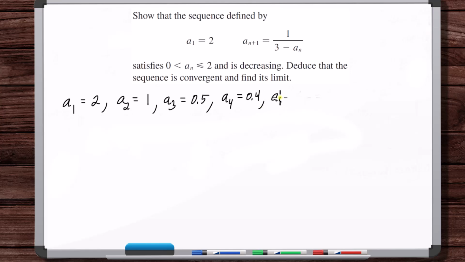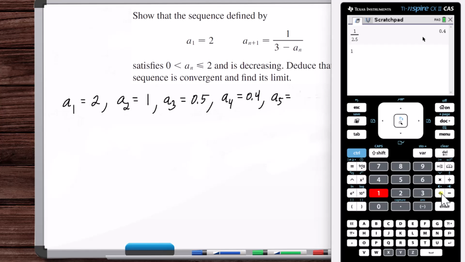A sub 5 is 1 over 3 minus the previous answer, 0.3846.